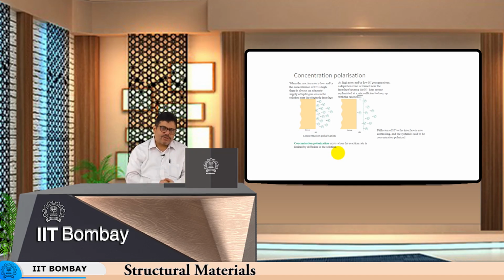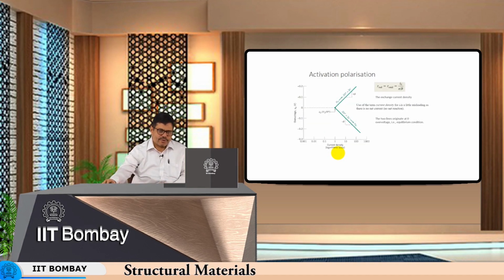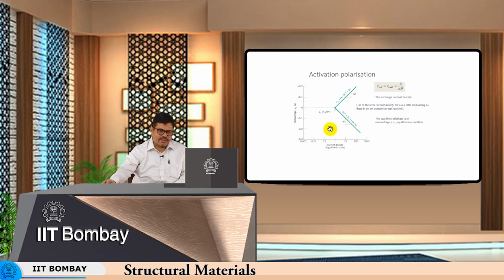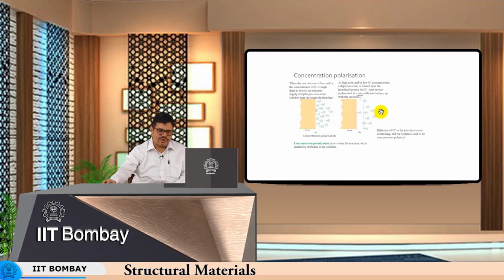So, there you had the activation energy of adsorption, whereas here you have the activation energy of diffusion that will govern the concentration polarization. Activation polarization is governed by the activation energy of adsorption, whereas here it is governed by the activation energy of diffusion.